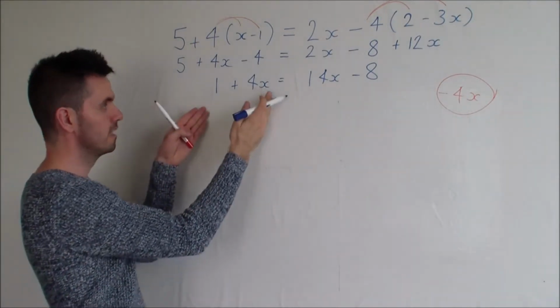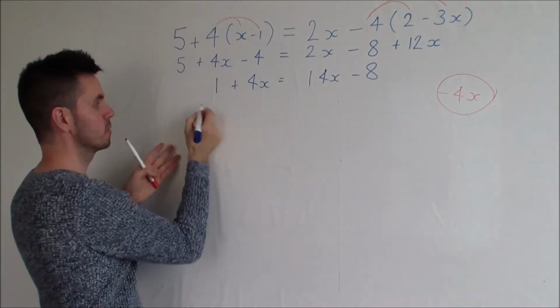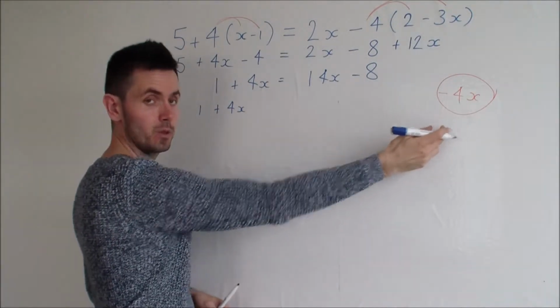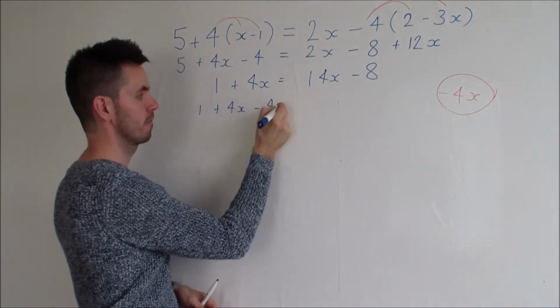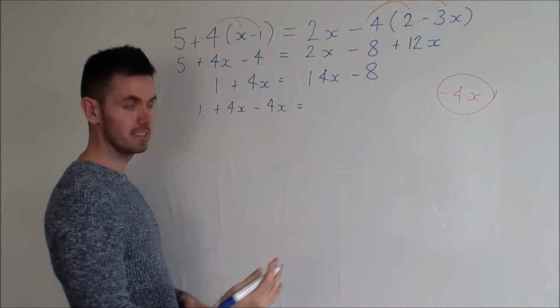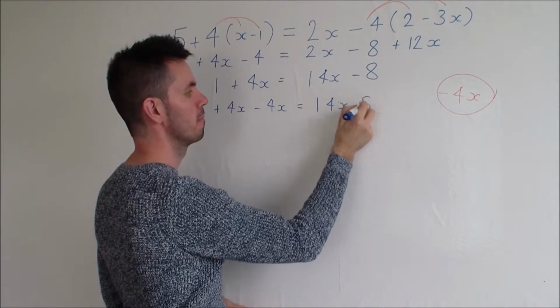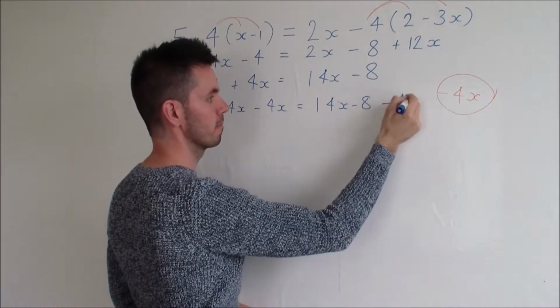So when we do this, we copy down everything that's here first. We have 1 plus 4x, and then we take off 4x. On the right hand side, we've got 14x minus 8 minus 4x.